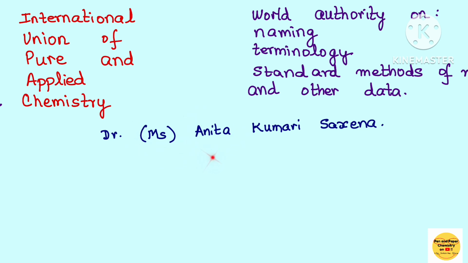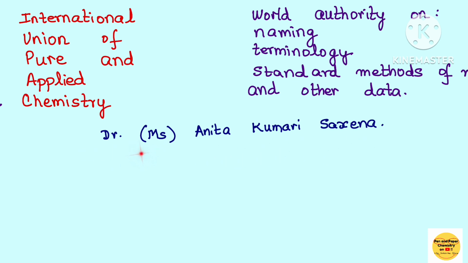Anita, I am assuming, is how she would be most popularly known amongst her friends, her colleagues, and in her family. Kumari looks like a family name, and Saxena is the family name. So this name tells me a lot about the person.